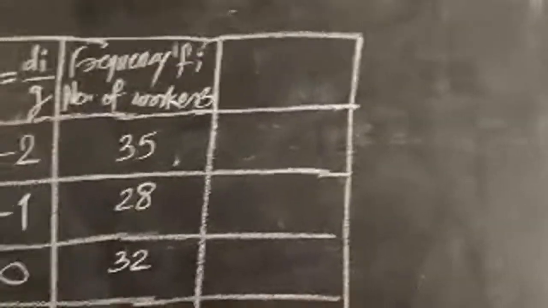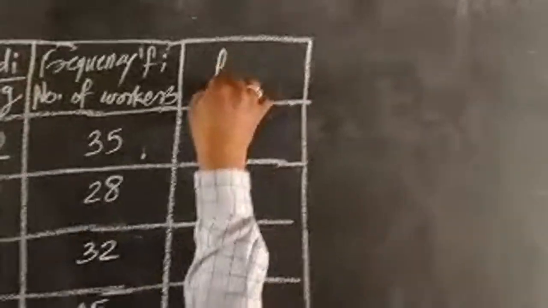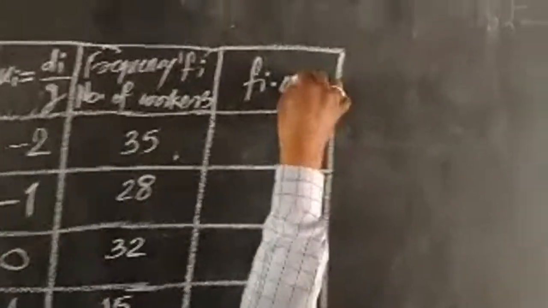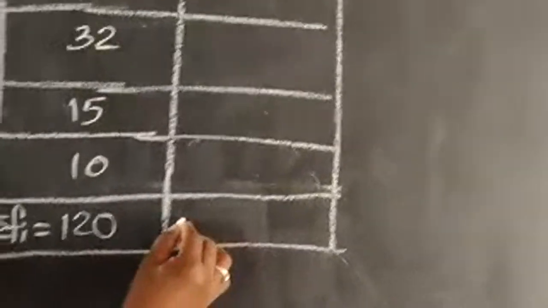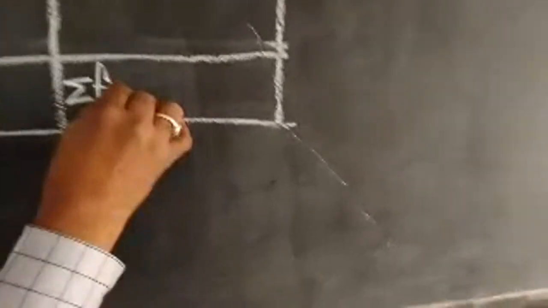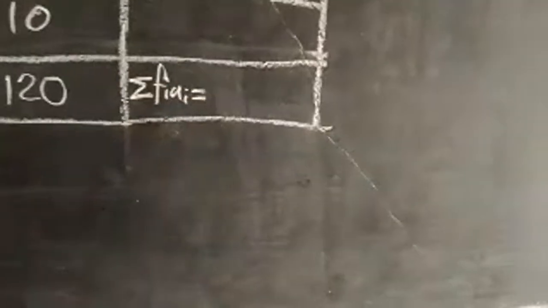What is the next step? Fi into Ui, and here summation Fi Ui.